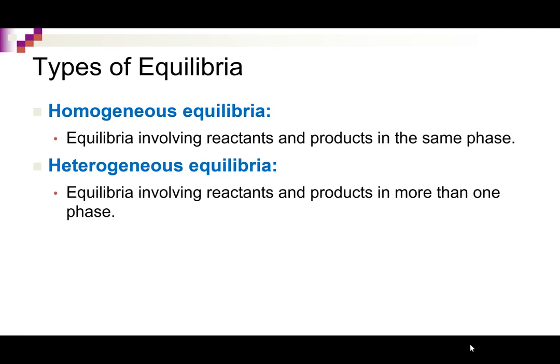So reactants may be in gas, products may be aqueous, or one reactant's a gas and one reactant's a solid, something like that. So heterogeneous is where there are different states or phases involved. It's going to be important that we take note of what state they are in before we write the equilibrium constant K.